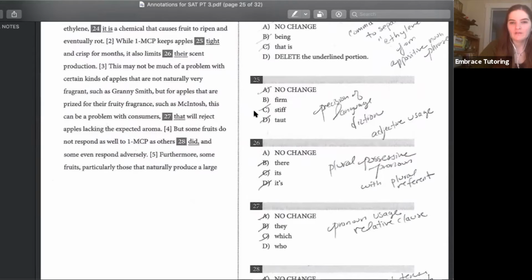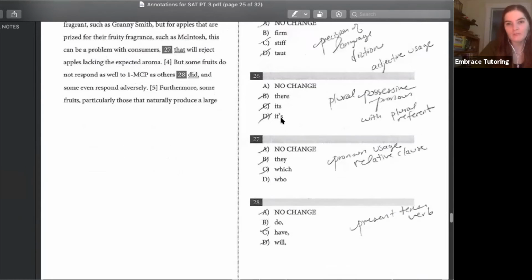Here, this one is more about knowing your vocabulary. So it's more of a vocabulary and context type question, but it's focused on diction, and your understanding of precise language, and how to use adjectives, and that these are all adjectives. So meaning they're descriptive words that can be used to describe or modify a noun or pronoun, and knowing how they're used.